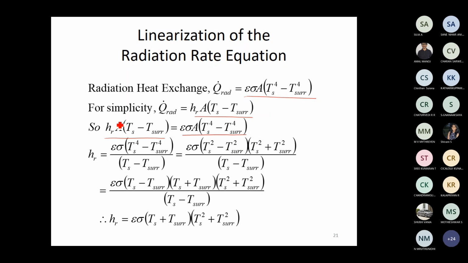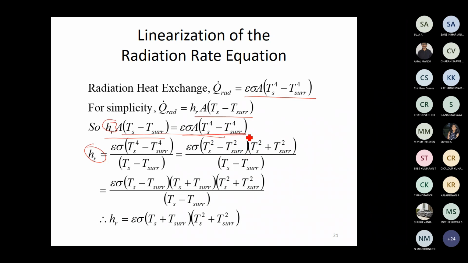Now I want to evaluate this value hR. So I take out hR from this equation. So this term will go into the denominator. Now this Ts power 4 minus T surrounding power 4 is like a square minus b square. We know that a square minus b square can be written as a minus b and a plus b.